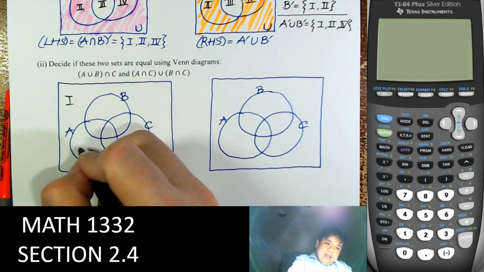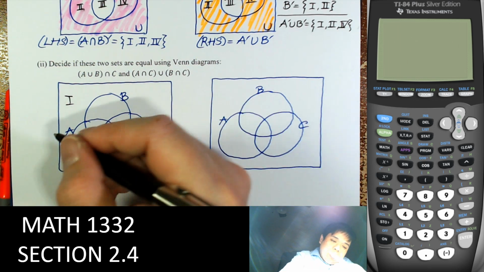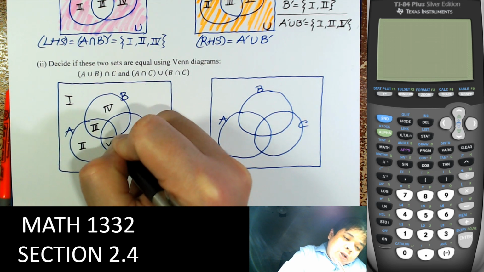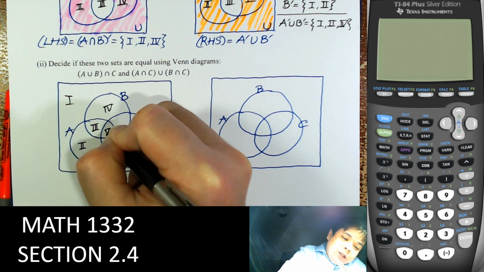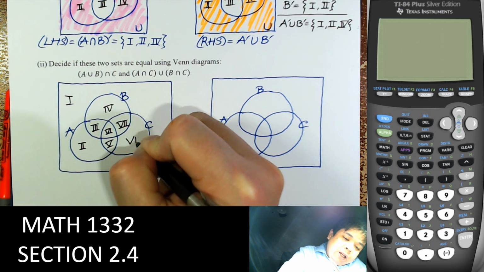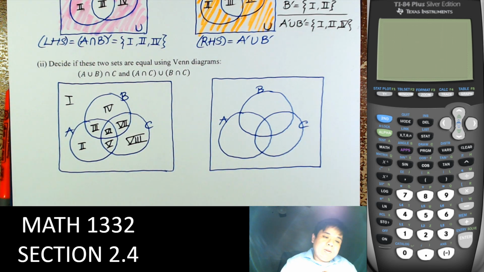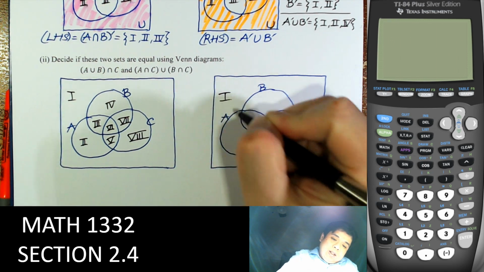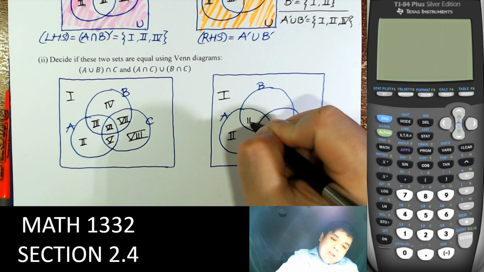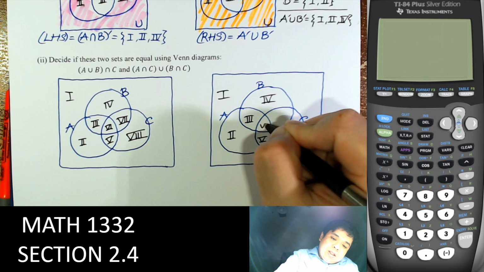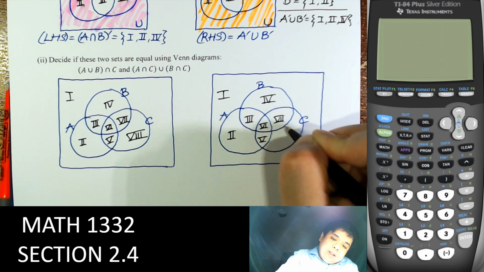Outside will be 1, then 2, 3, 4, 5, 6, 7, and 8.